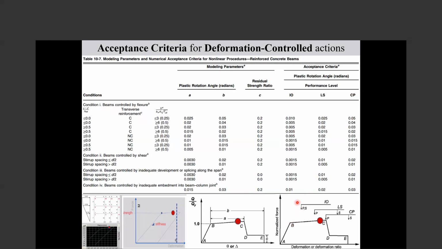So for linear it was to say acceptance with m factors, and for nonlinear it is the damage, the plastic deformation, with the values.